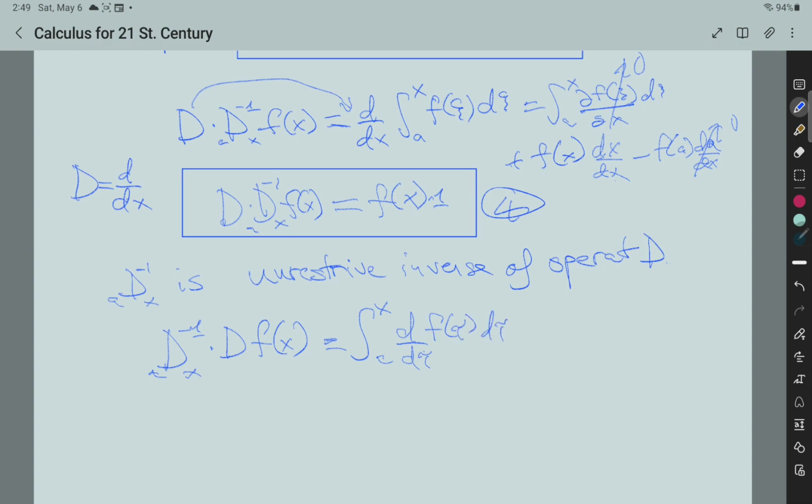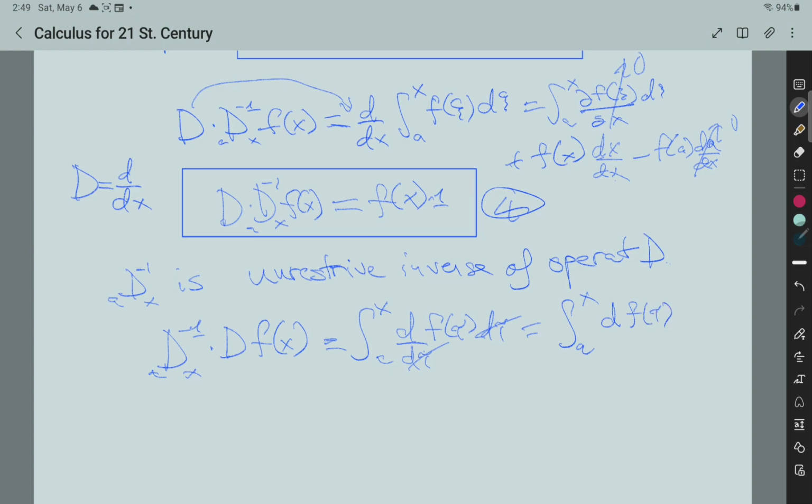Okay, so the d tau cancels. So you have the integral from a to x of the differential of f of tau.